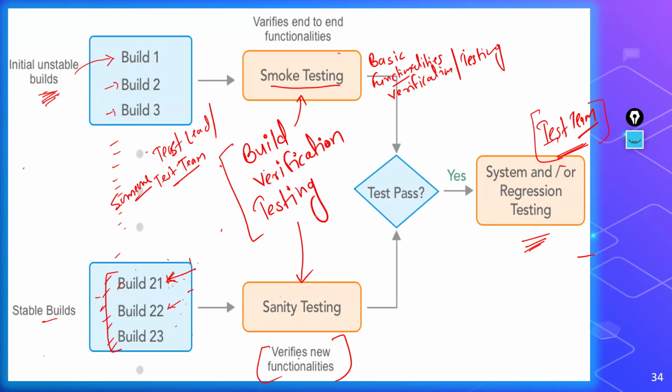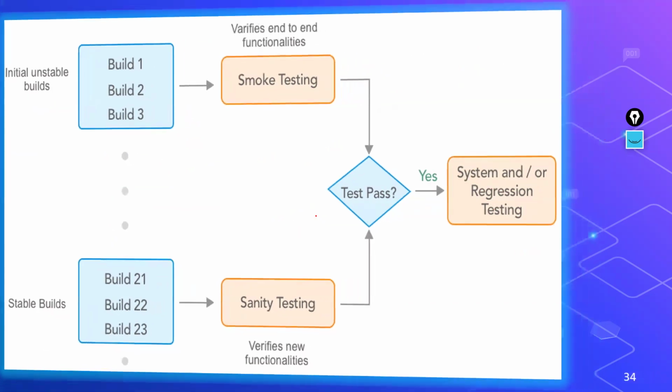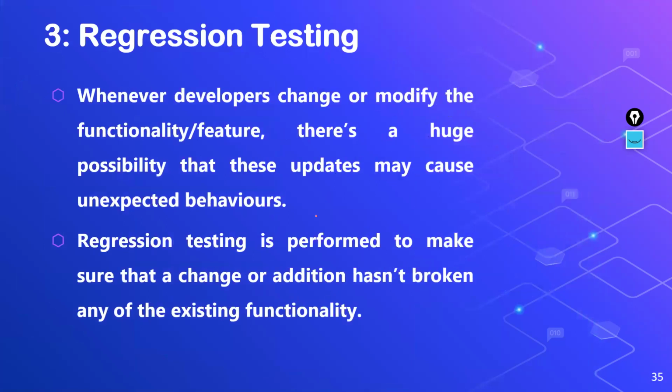This is sanity. Okay. Now comes the third one, which we have as regression. I'll discuss four of these in one stretch.